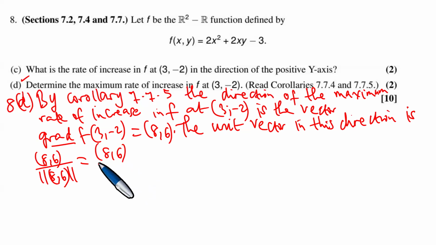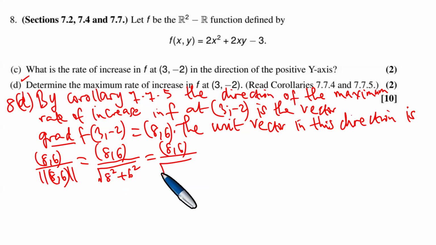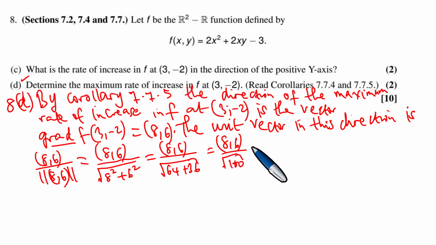It is (8, 6) divided by the length of this vector, which is the square root of 8 squared plus 6 squared. 8 squared is 64, plus 36 is the square root of 100, which is 10.